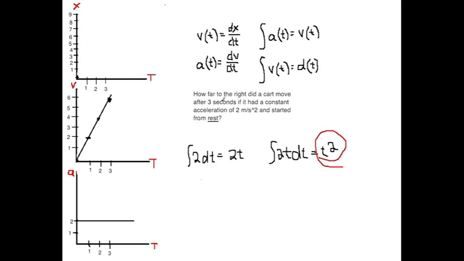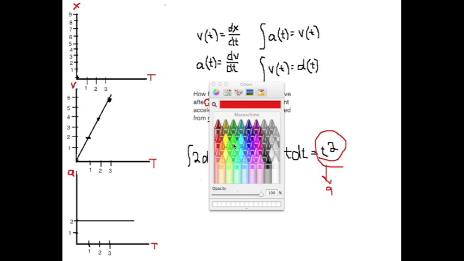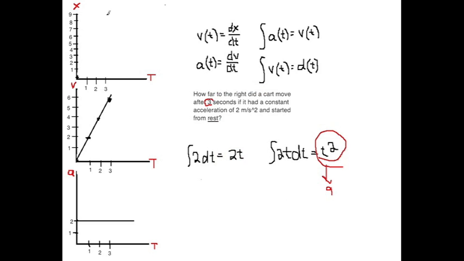And so we can now simply plug in 3 seconds to this, and if you plug in 3, you get 9, because 3 squared is 9. So now we can go back to the graph of distance and plug in 9 right here. And if you plug in 2 to here, you get 4. If you plug in 1, you get 1.